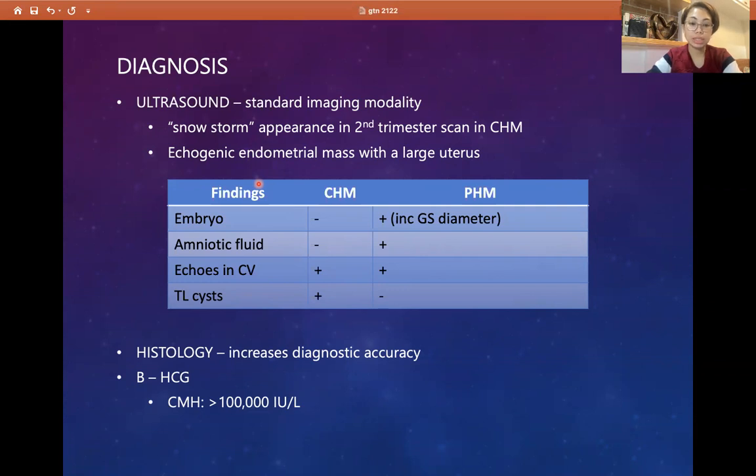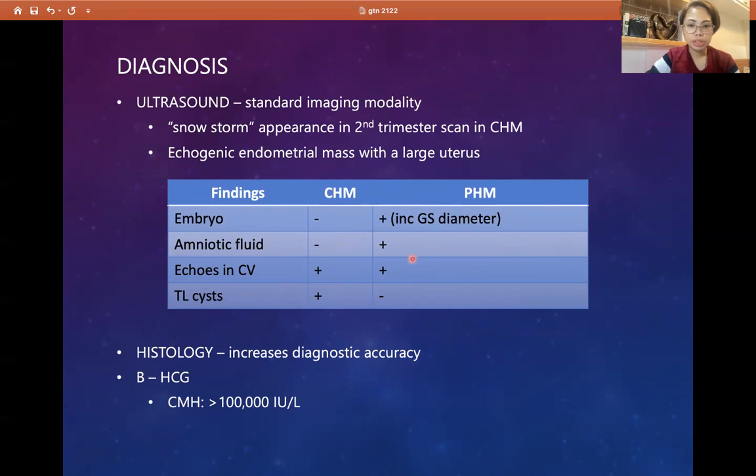While specifically, if we are looking at a possible partial mole, there is a presence of embryo apart from the placental findings. If there is no embryo yet, we also find an increased gestational sac diameter that raises our suspicion of partial mole.